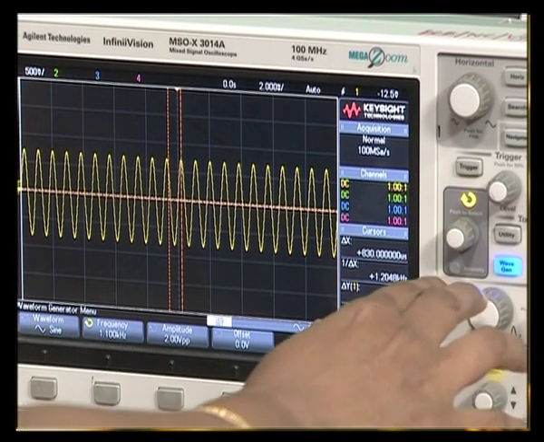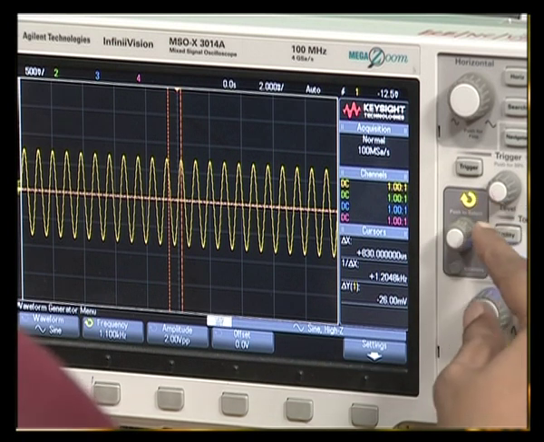With the frequency set to 1.1 kilohertz, let us measure the amplitude.